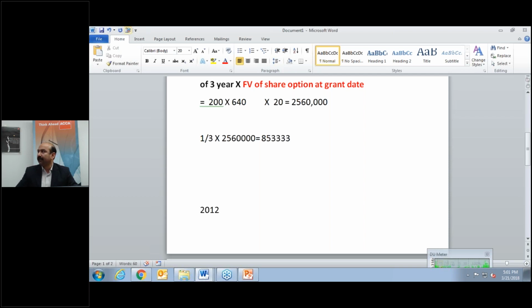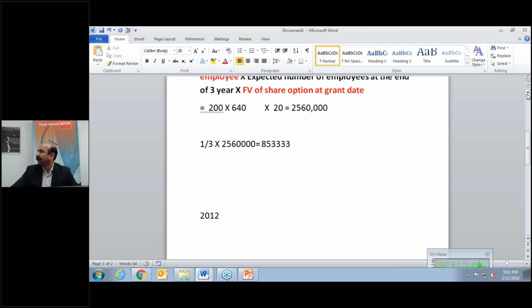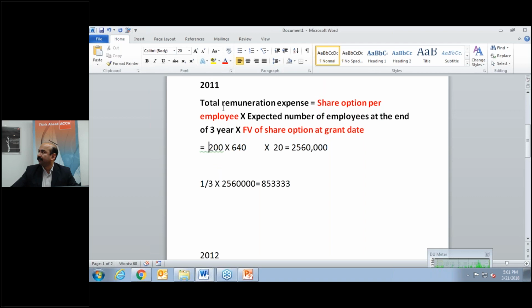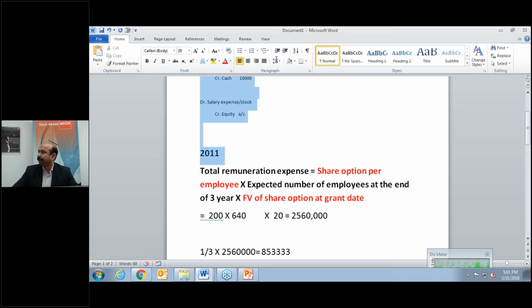For 2012, we have some material here to copy paste. At least if we are not using pens, we can do something with the feature given in Microsoft Word.